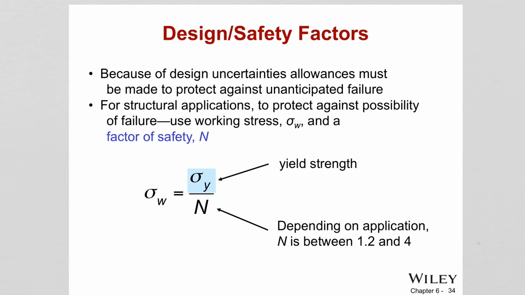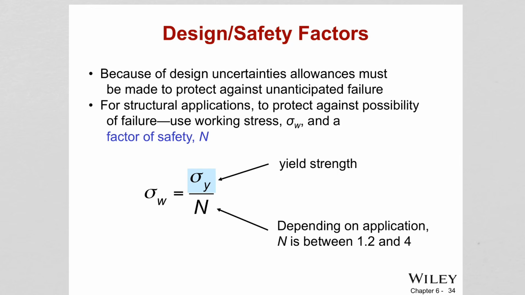So there are some safety factors because there can be uncertainties, and we need to protect to make sure there is not going to be a failure. At least try our best, right? So for structural applications, to protect against failure, use working stress sigma W and the safety factor.